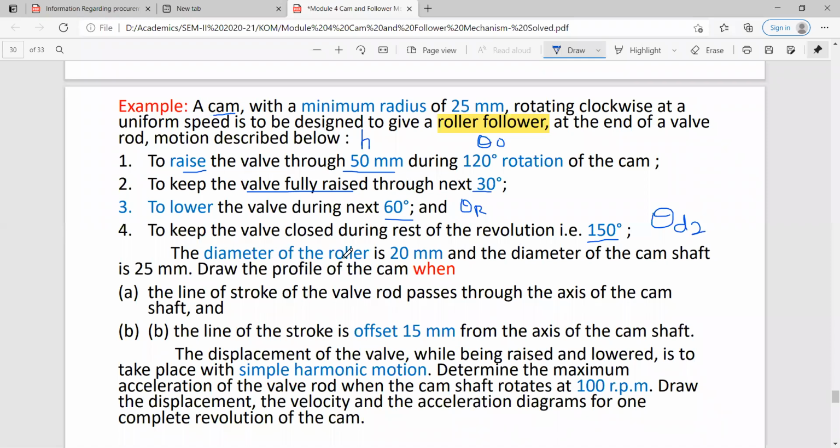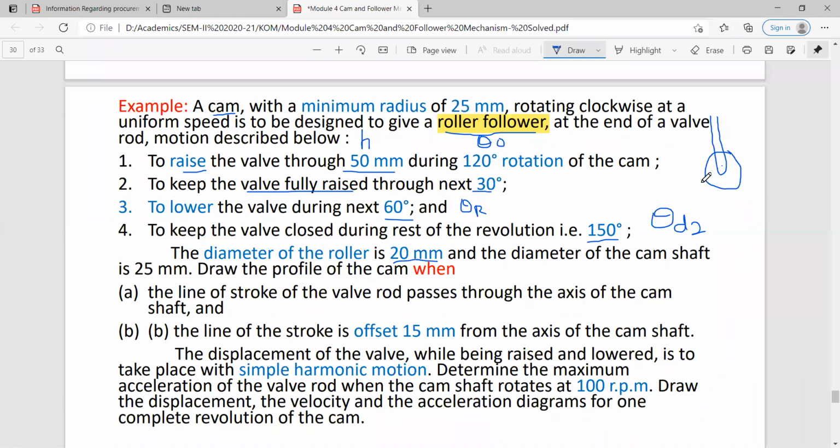Then the diameter of the roller is given. You know that a roller follower is being used, so the diameter of the roller is also given. Roller follower, how it looks, it is like this. इस तरह होता है रोलर फॉलोअर, और जो रोलर होता है it is in contact with the cam surface.